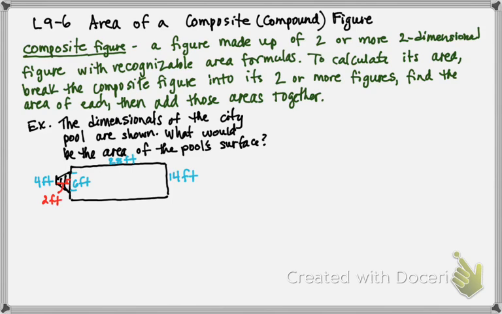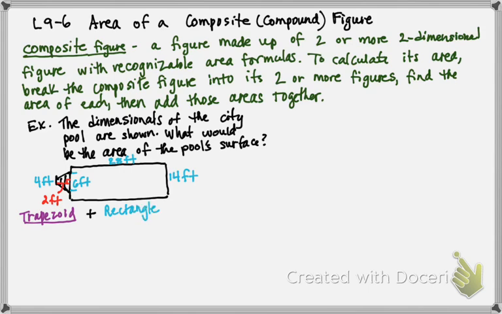So if you notice, that step down, that is a trapezoid. So we're going to go ahead and figure out the area of the trapezoid. And to that, we would need to combine it with the area of the rectangle. Or we could call it a parallelogram, right?